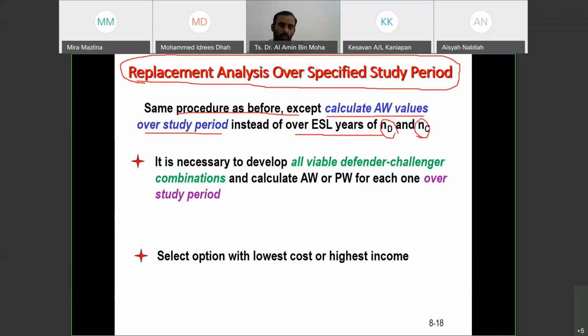We are not going to calculate the N for challenger and defender, but we are going to calculate AW. It is necessary to develop all viable defender challenger combinations and calculate AW or PW. So again, as I told before, for replacement over a specified study period, we can use either AW or PW. And then we select the option with lowest cost or highest income.